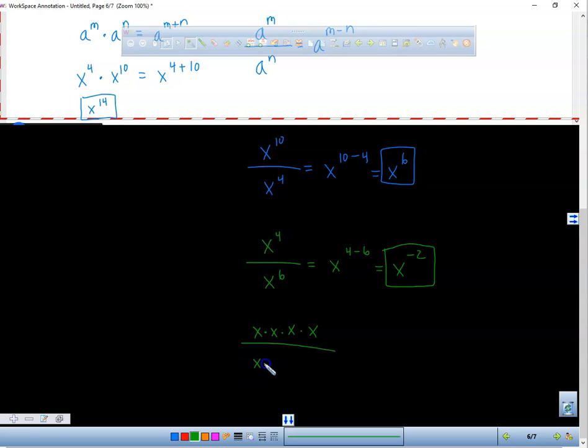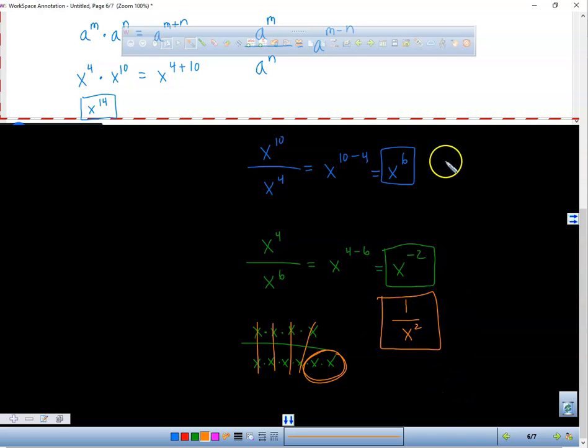And x to the power of 6 means I'm multiplying it together 1, 2, 3, 4, 5, 6 times. But any number divided by itself equals 1. Can you see how these would cancel, these would cancel, these would cancel, and these would cancel? What do I have left in the denominator? So this is actually the same as saying 1 over x squared.